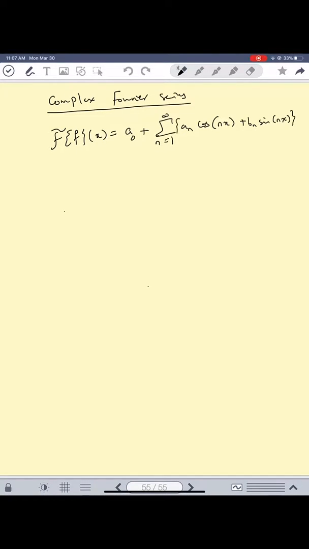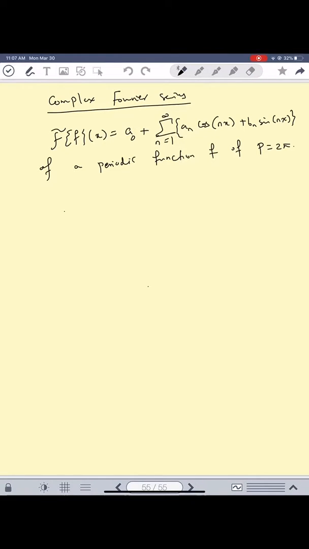This is the Fourier series of the periodic function of period 2 pi. Of course, we extended this to any function, to any period, but for now it's enough to talk about functions of period 2 pi, and I'm sure you've already seen that different periods do not change any major computations. It's the same idea exactly.